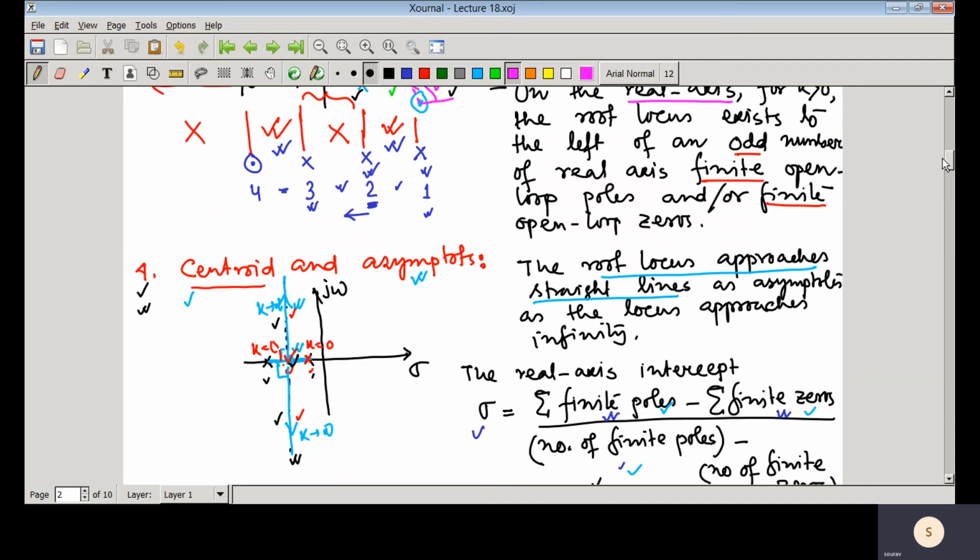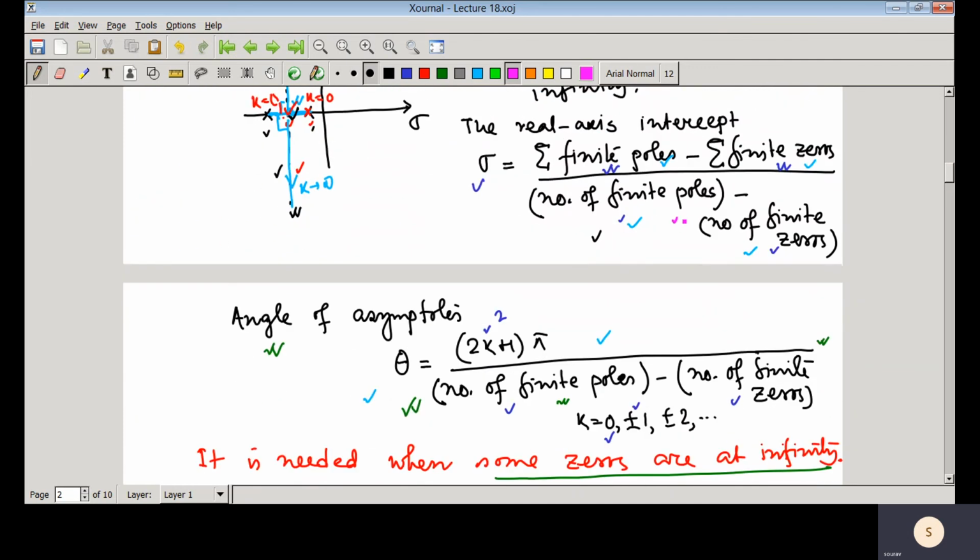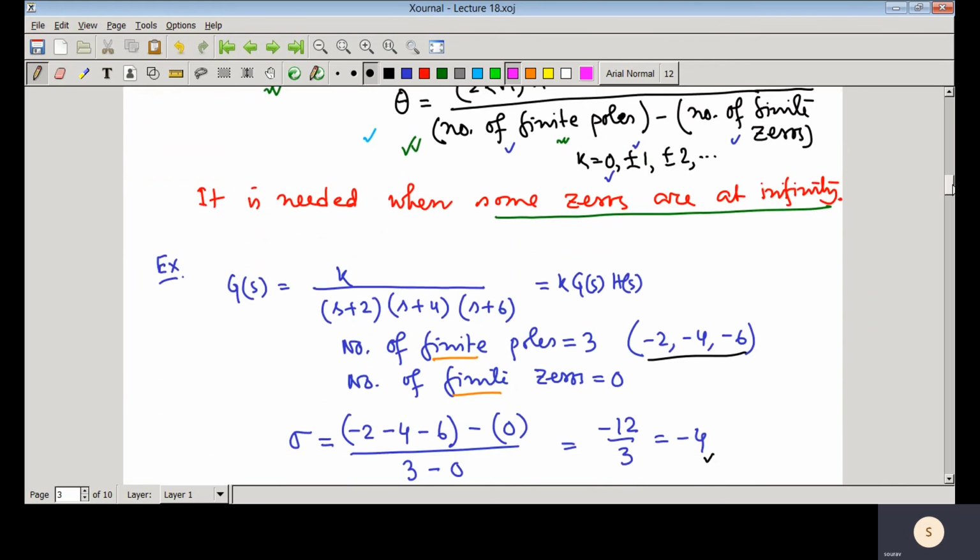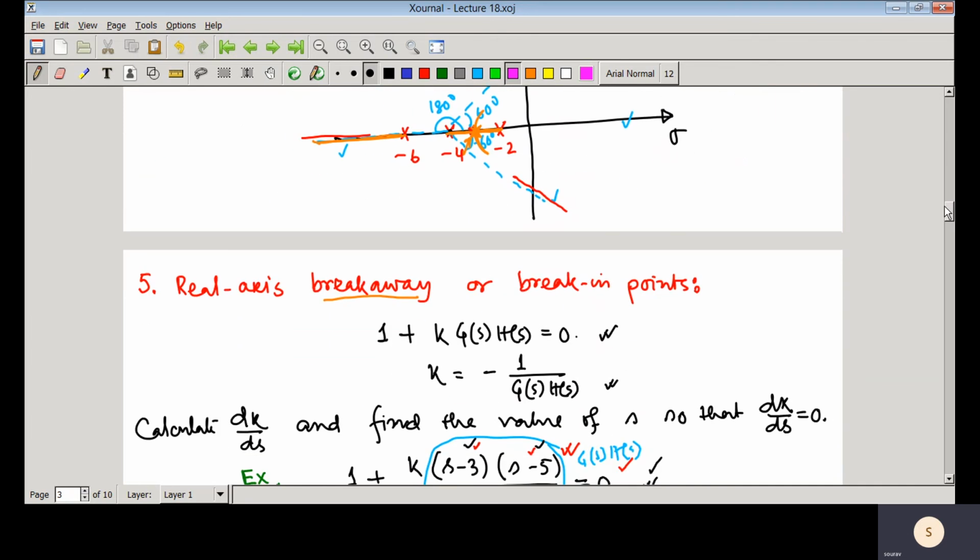The fourth rule is centroid and asymptotes. This concept comes into the picture whenever the open loop system has zeros at infinity, and we have seen the two formulas here, for the angle of asymptotes and for finding the centroid. And the fifth one is the real axis breakaway and break-in point. That means there is a value of k at which the closed loop poles go away from the real axis.